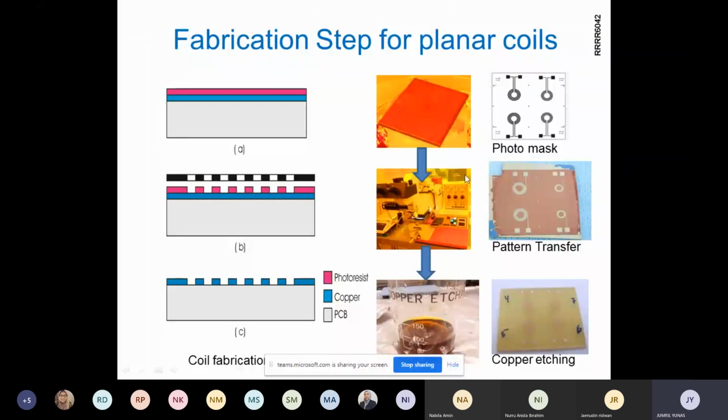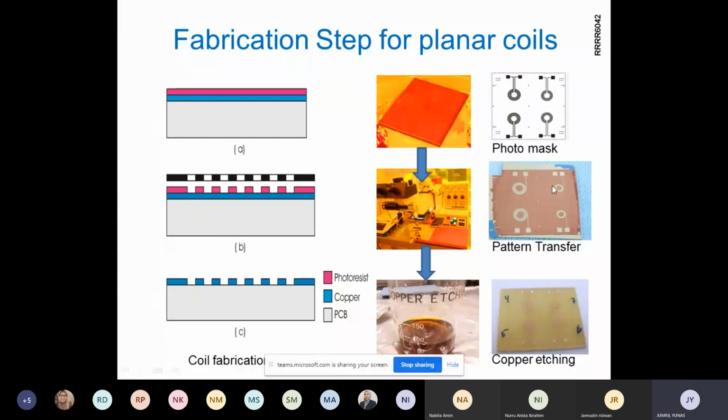So we fabricate. The first one is fabrication of the coil. We have here a PCB coated with copper. So first we do photolithography. We have the pattern, and then we etch the metal. So we have here the photomask.